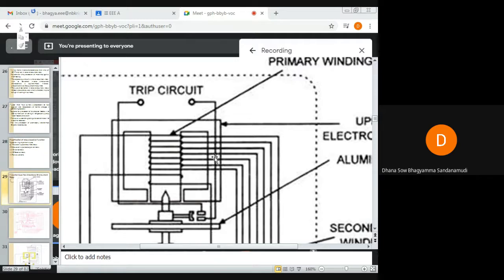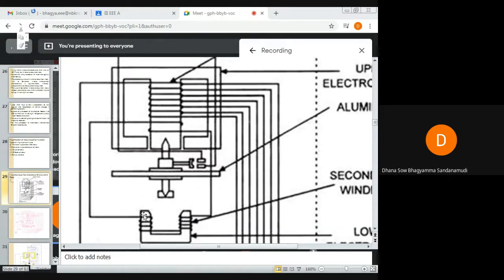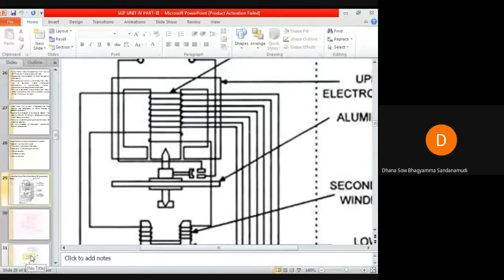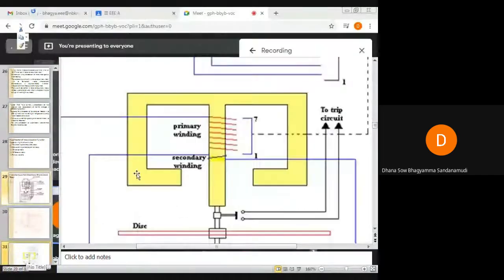The upper electromagnet, which is E-shaped, and the lower electromagnet, which is U-shaped, are provided with some coils or windings. The upper electromagnet is provided with two windings: a primary winding and a single turn secondary winding.